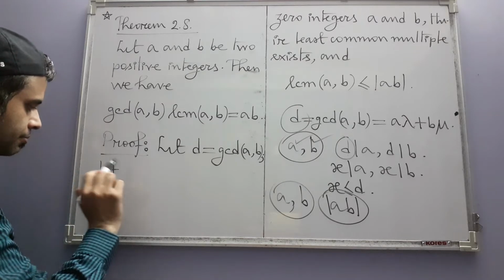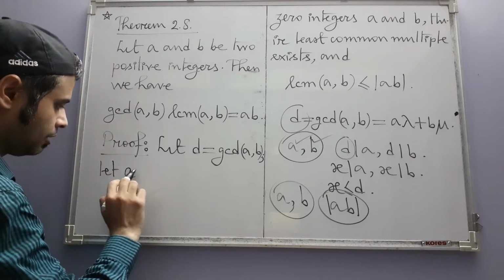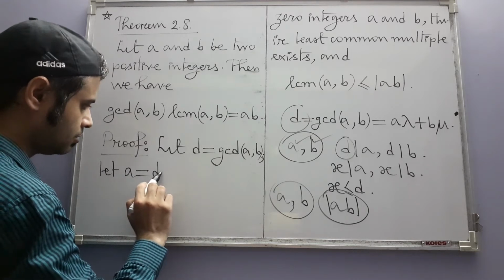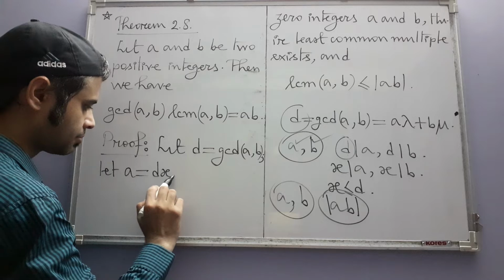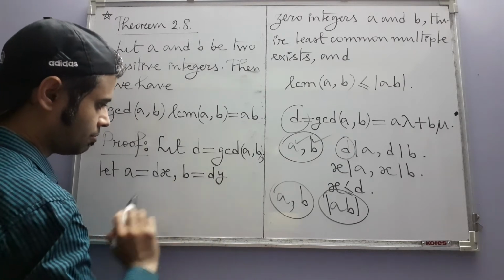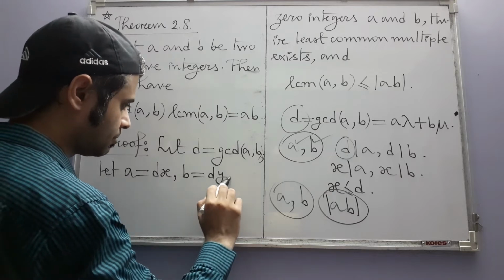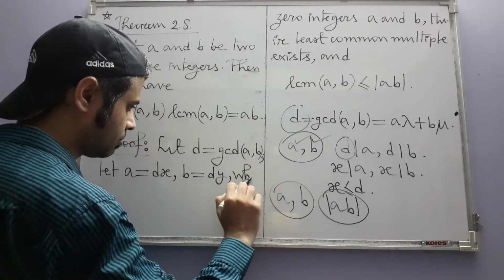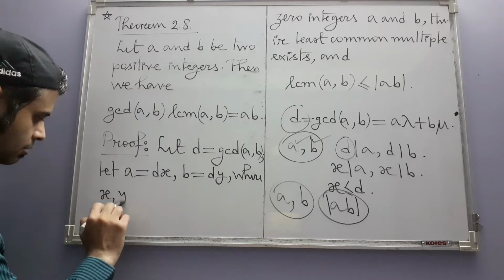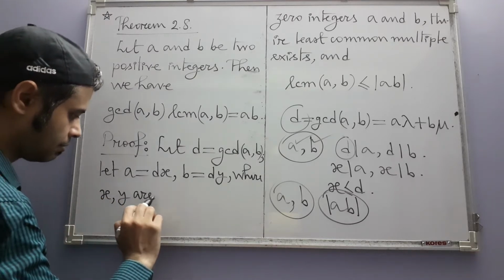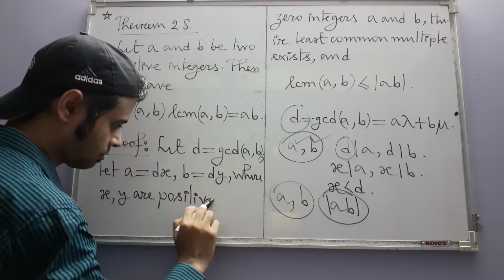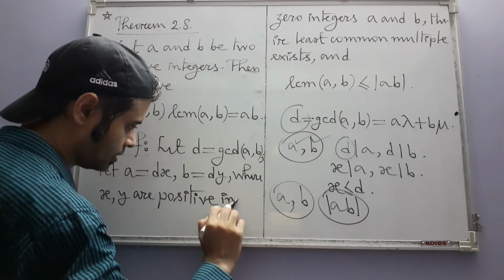Let A equal to dx and B equal to dy, where x, y are positive integers.